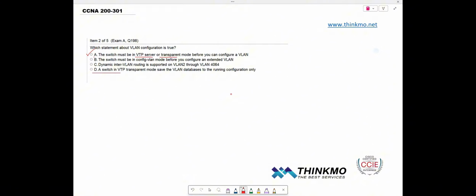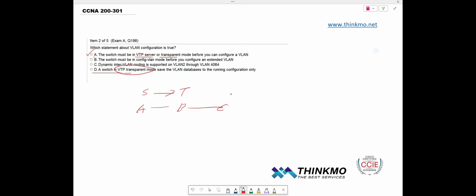Now, regarding the incorrect answers, let's start from the bottom. The reason option D is incorrect is that for those in VTP transparent mode, it says that information is only kept on the device itself and not passed on to others, such as directly connected devices like A, B, or C. So A is in this server state. It sends a piece of communication data to B. B is in transparent mode.